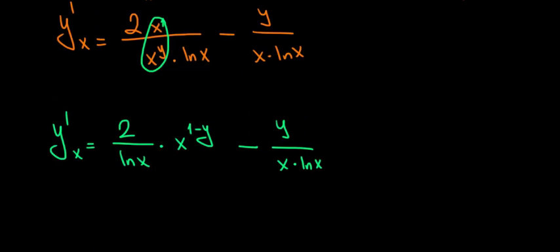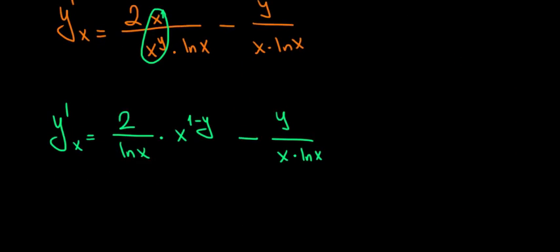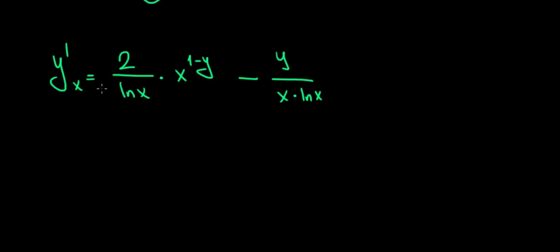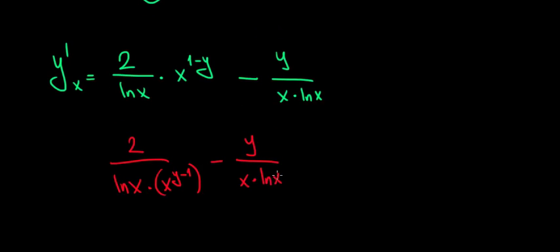Now, in the answer key, I know it's a bit different, but let me explain why real quick, because it's nothing different, it's just a different way of writing. So I think they said 2 over ln x times x to the power of y minus 1, and then minus y divided by x times ln x. Well, look, what is this thing? That's the same as 1 over x to the power of y minus 1.